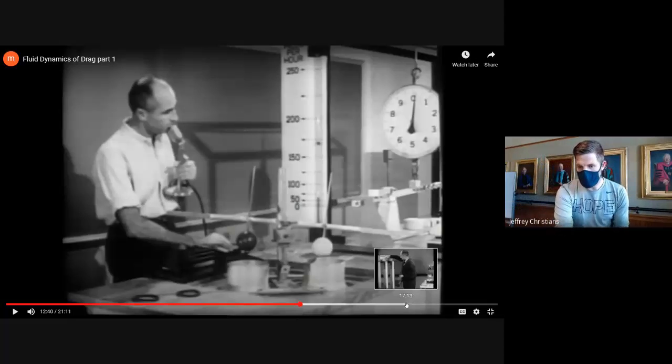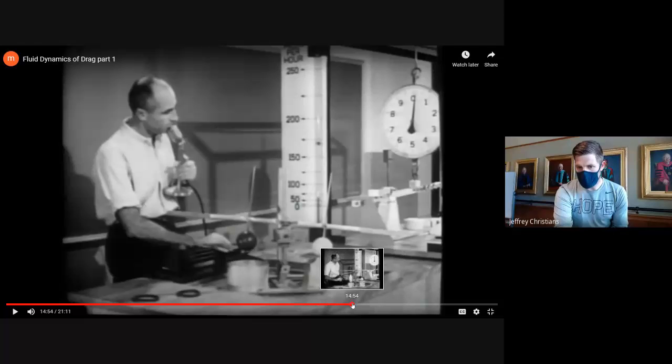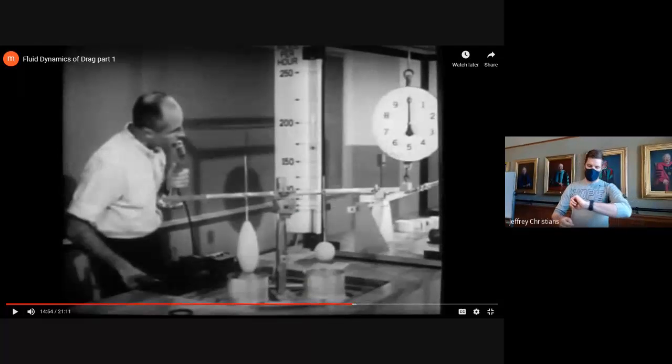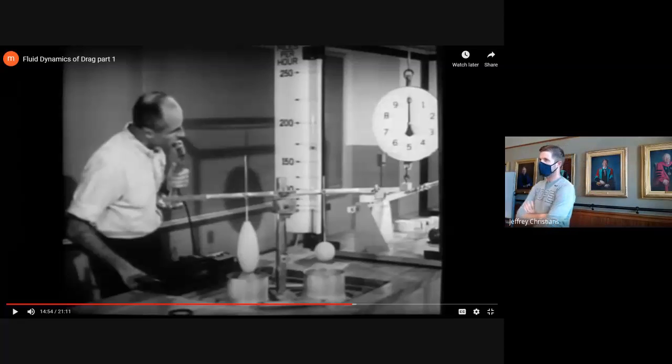We can use some of the same kinds of arguments for this last experiment. Instead of inducing boundary layer mixing to make a turbulent boundary layer, we changed the shape of the object. So in this experiment, we went from a ball to a bomb shape.